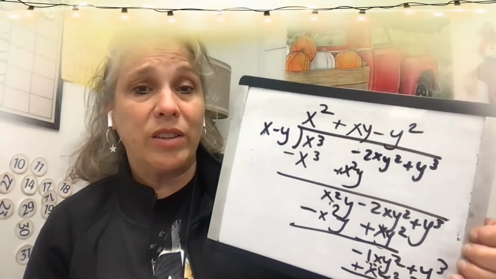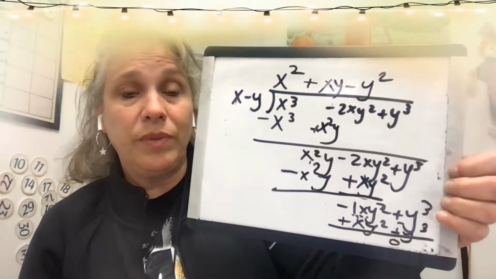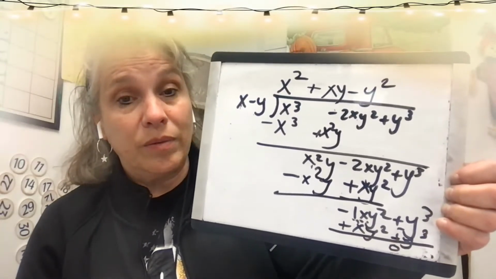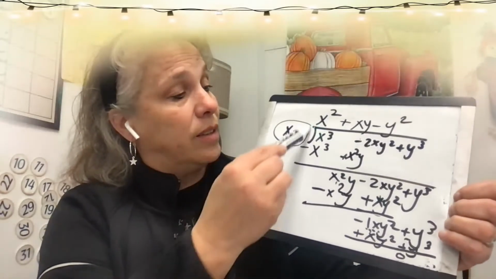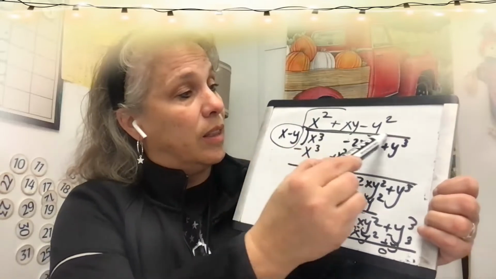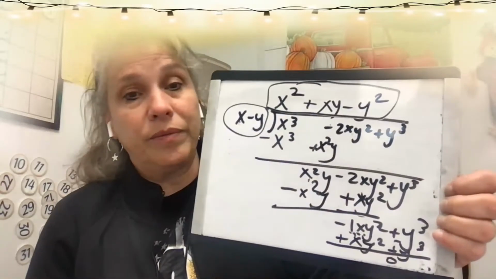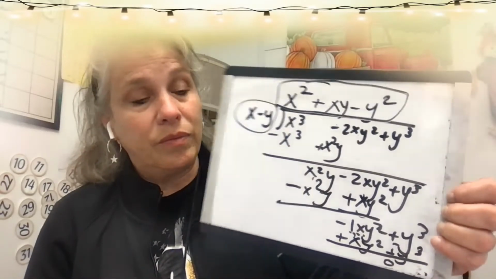And that is my final answer. And you can check it by multiplying this times this. All right, and that is number 19. The last one on this page is number 20.